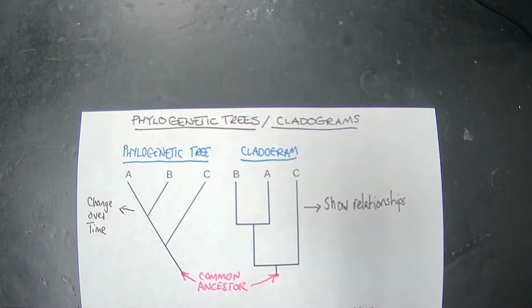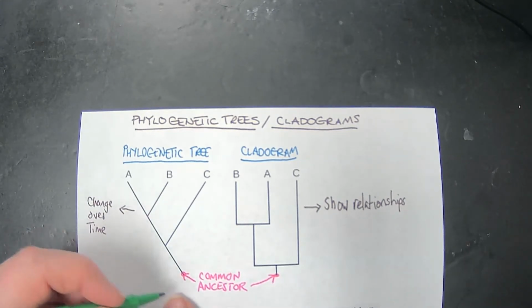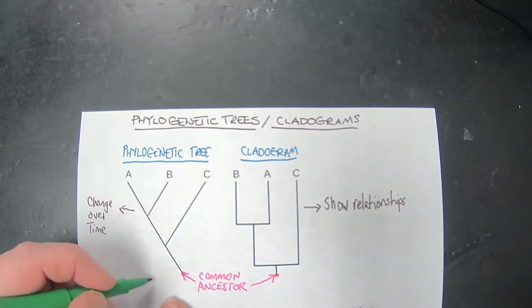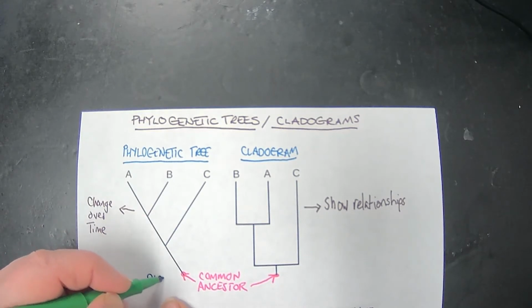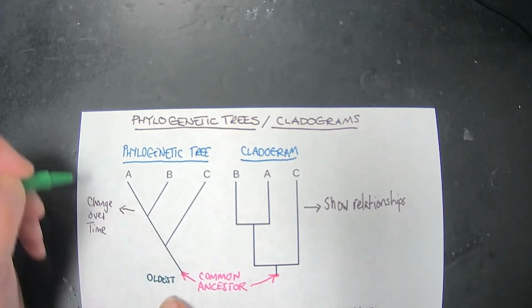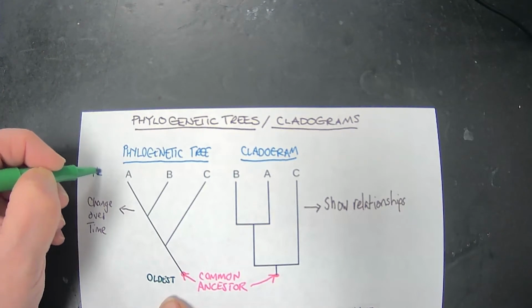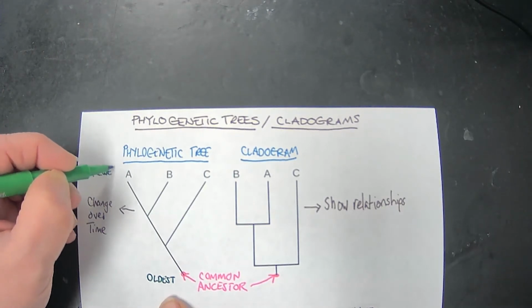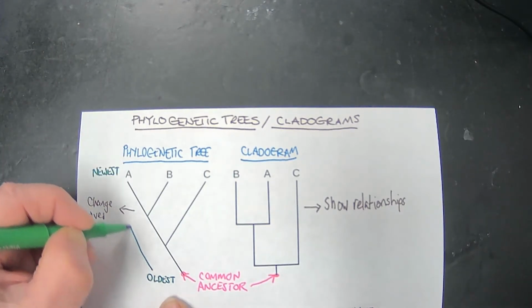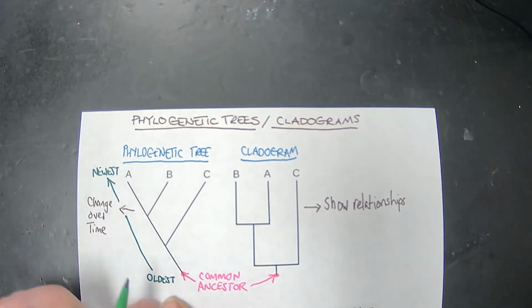Now, phylogenetic trees show change over time, and so you would think, and it makes perfect sense, that when you start here, this is the oldest part and this is the newest. As you go down this line, you go from oldest to newest.